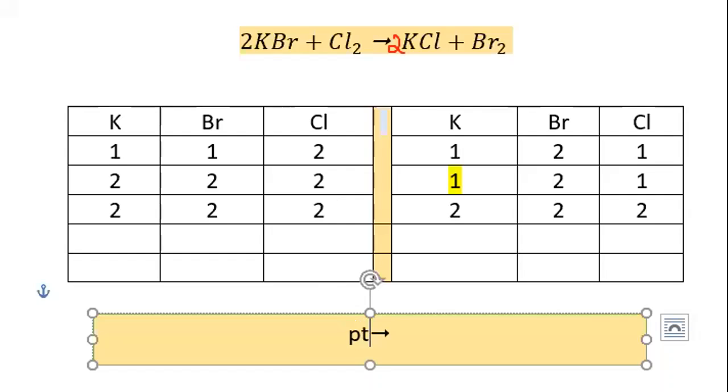Right, so we start with potassium bromide, right? Plus, by the way, well done, Mo. Plus chlorine, right? Guys, when you're writing your word equation, if you don't put the arrow, you don't get the mark, right? The arrow tells me that it's a chemical reaction.